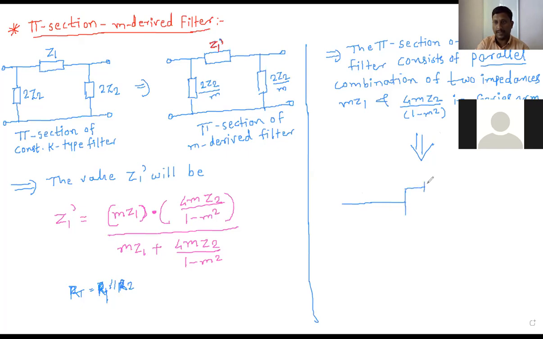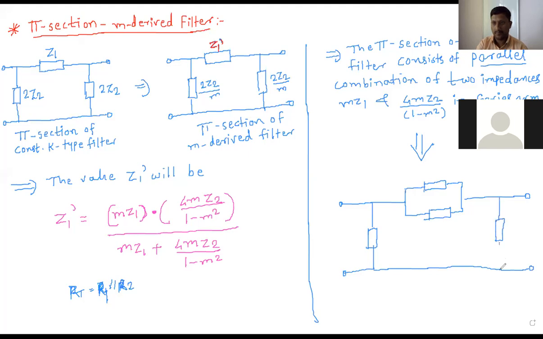There will be two impedances connected in parallel with each other in the M derived pi section. So this is the M derived pi section filter.